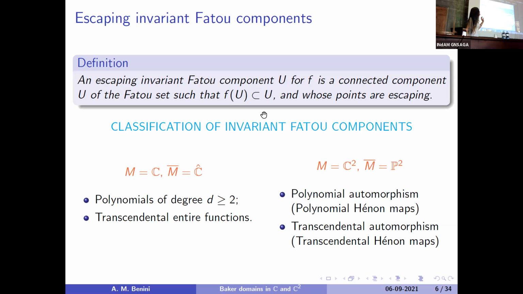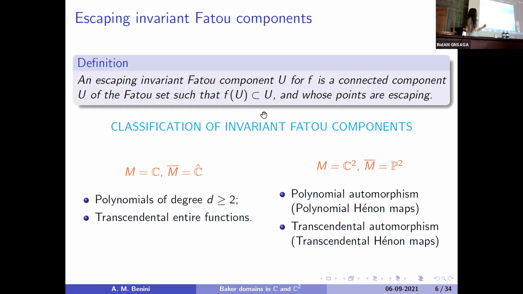So what kind of maps do you study when you look at dynamics in C2? There is still so much to study, even about automorphisms of C2, that I think most of the dynamics in C2 in the past 20 years has been concentrating on studying automorphisms, not necessarily general maps from C2 to C2.